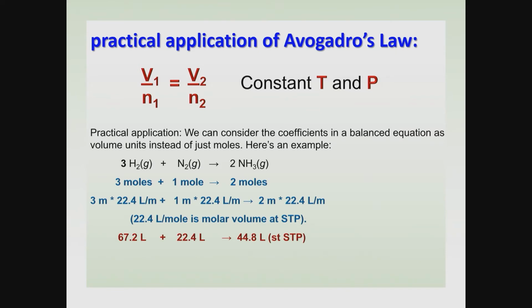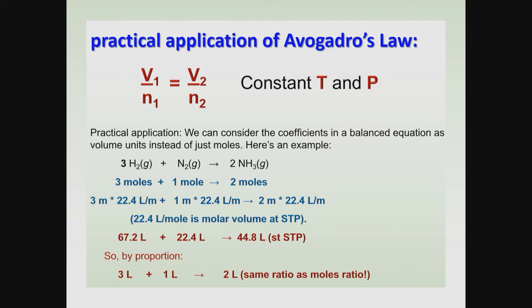For nitrogen, you only have 1 mole in that equation, so you multiply by 22.4 liters per mole and get 22.4 liters. For ammonia, you have 2 moles, so you multiply that by 22.4 and get 44.8. But what you might notice is that all these numbers reduce to the original mole ratio.